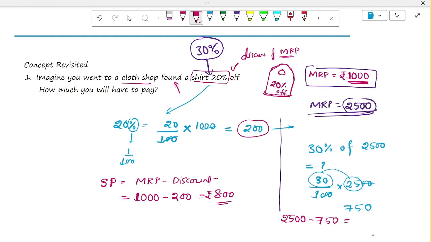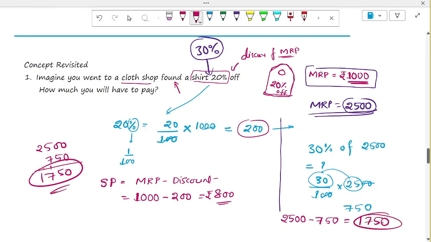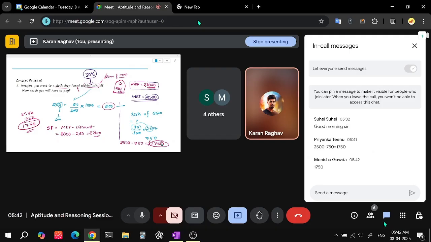So this is going to give you how much? So the answer is 1750. So you are going to get the shirt for 1750. Yes. I hope you got this question.